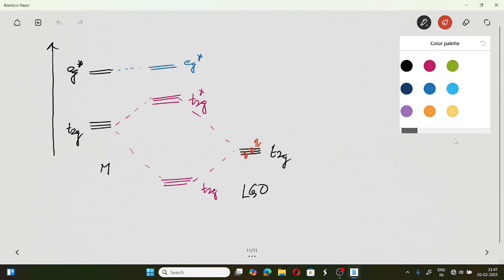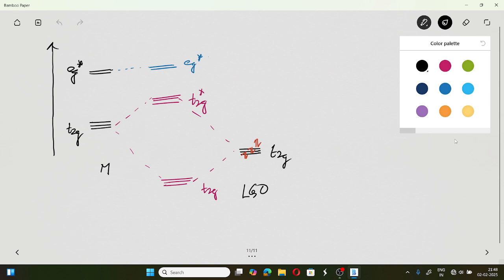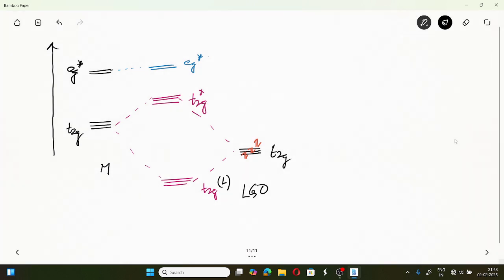তাহলে এবারে এই যে molecular orbitals গুলো, suppose if you look at this, this is closer to the ligand, so this will be of greater ligand character.